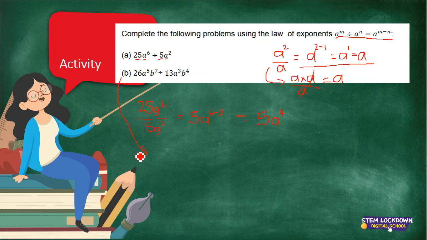It basically says 26a to the power 5 times b to the power 7, divided by 13a to the power 3 and b to the power 4.